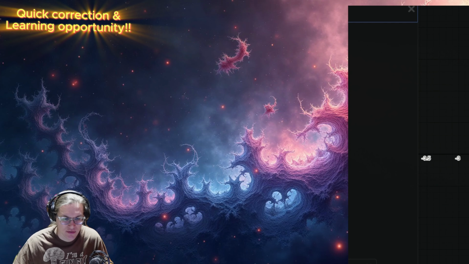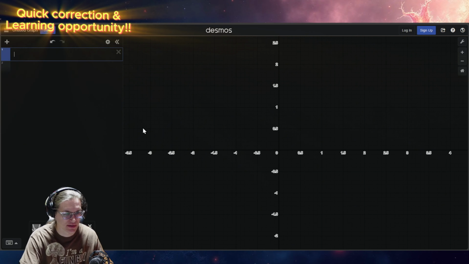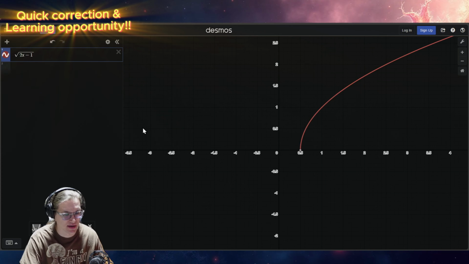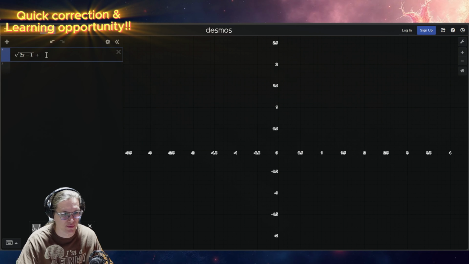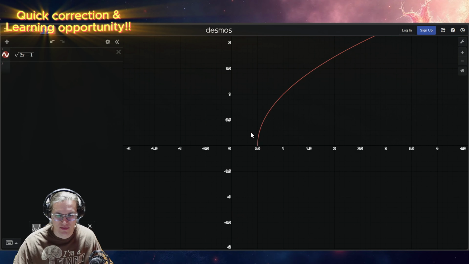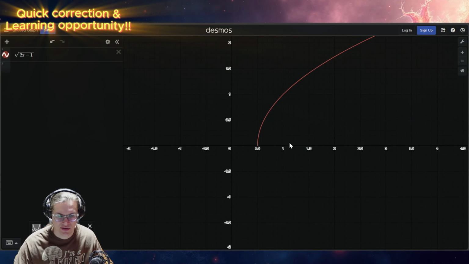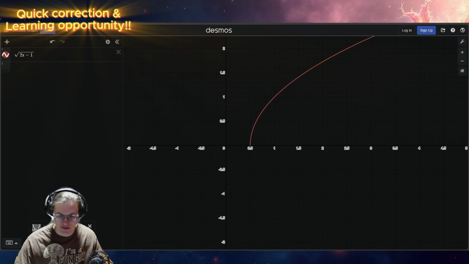Okay, hello. Real quick, I didn't notice this until I was editing, but in the video you're watching now, I was doing this square root of 2x minus 1, and then shortly after we had the plus 5. But you'll notice that the red graph didn't actually go to 1, because I wasn't paying attention, but it goes to 0.5.